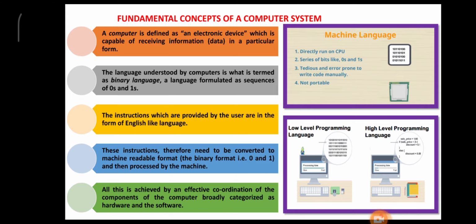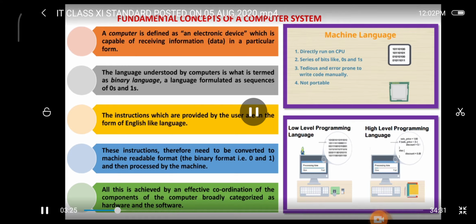Let us move on to the second point. The language understood by a computer is what is termed as binary language. A language formulated as a sequence of zeros and ones. Now in this point, you come across binary. What is binary? Divide that word into 2.